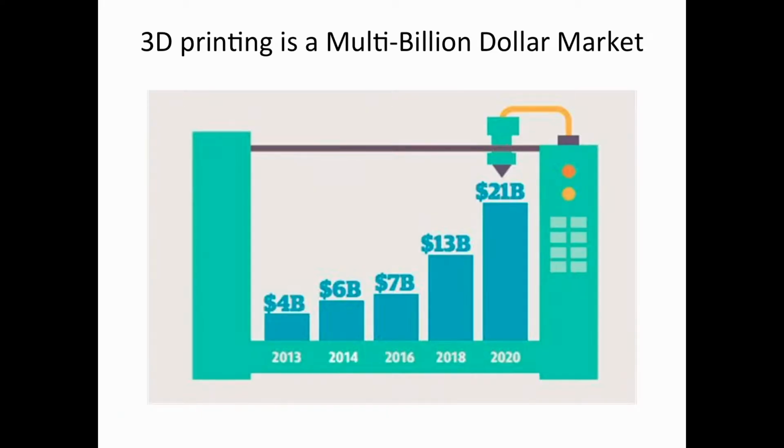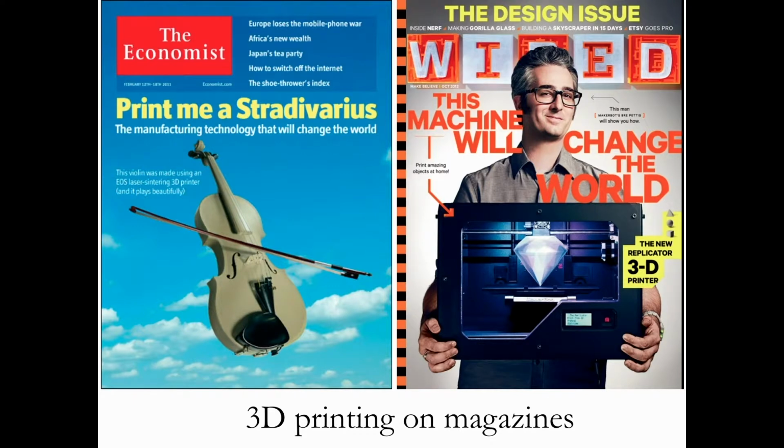But 3D printing is a multi-billion-dollar market, extremely important. In 2020, probably $21 billion is the market for 3D printing, and it reached the interest of a lot of magazines, a lot of media. These are only 2 examples, in the Economist or Wired journal.